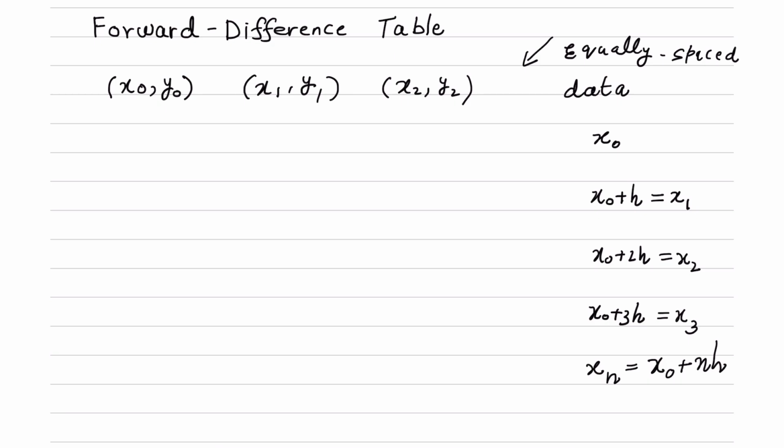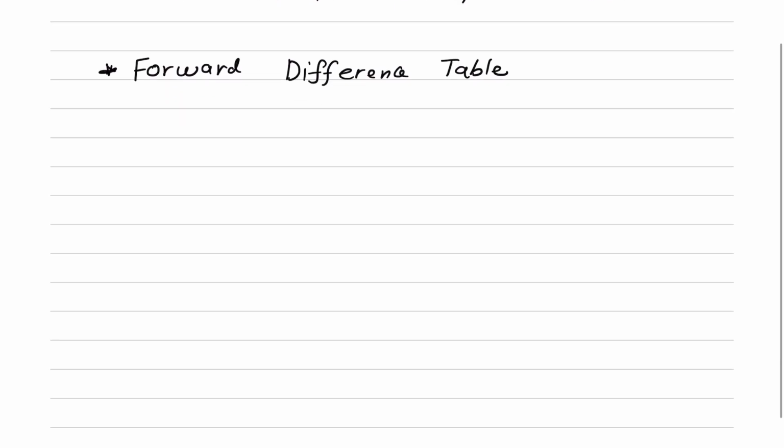Okay, so we have 3 points data and we have to construct forward difference table. So first we will write the data in tabular form: x0, x1, x2, y0, y1, y2.